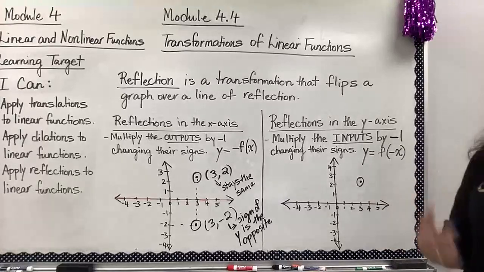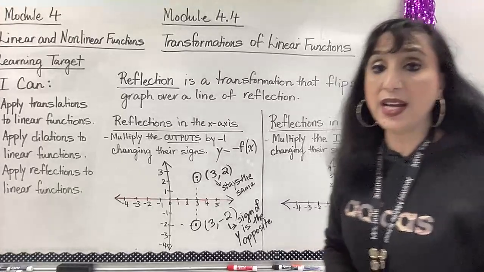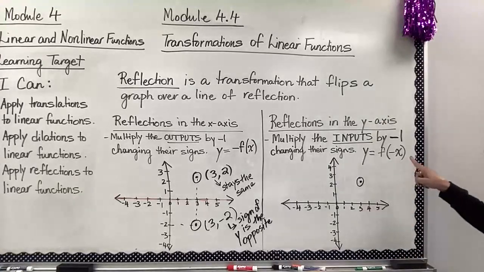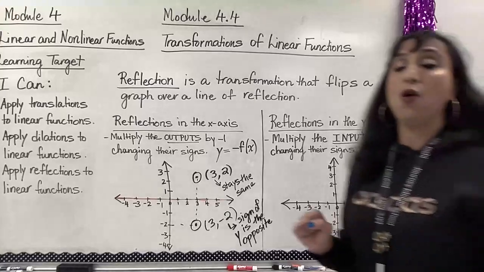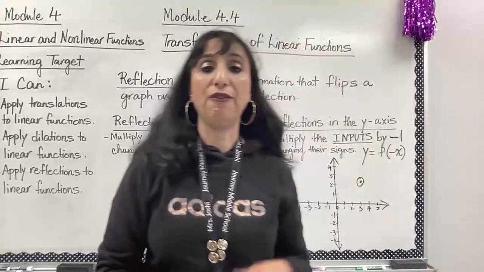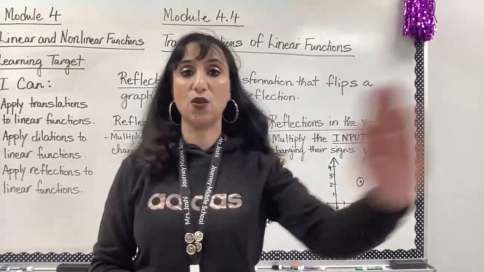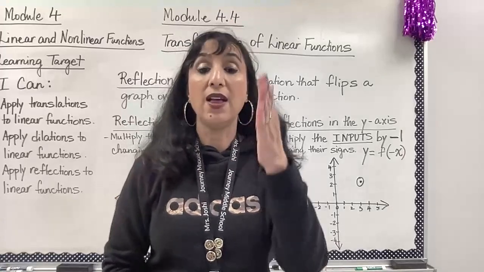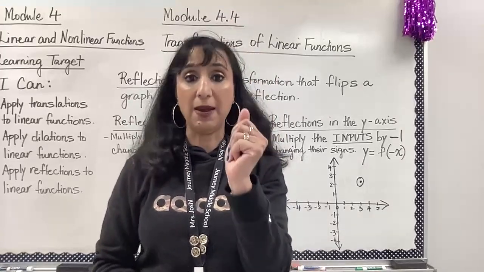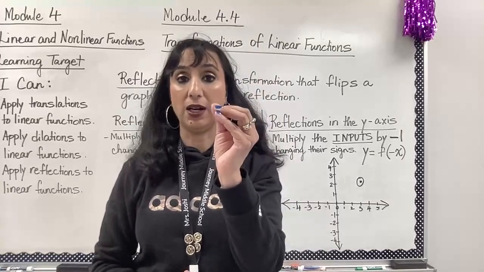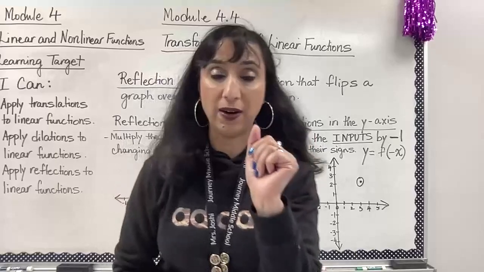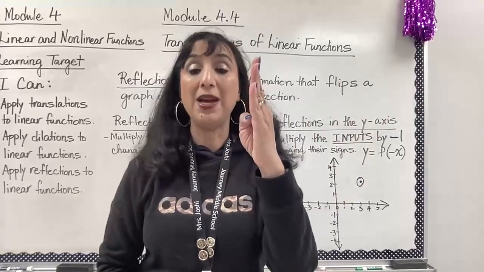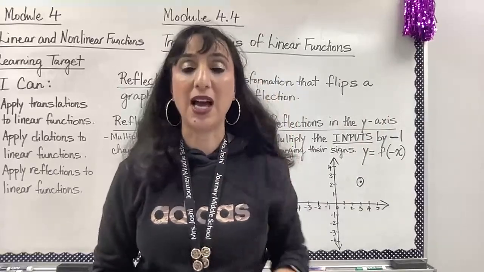Multiply the inputs by -1, changing their signs. And y is equal to f of -x. So when I am reflecting on the y-axis, going from side to side, whichever axis I'm reflecting on, that point remains the same in the ordered pair. So if I'm going across, y stays the same, and x will become the opposite sign, okay?